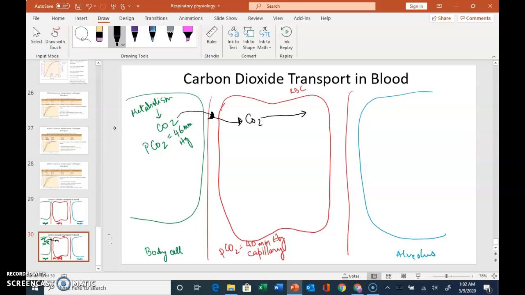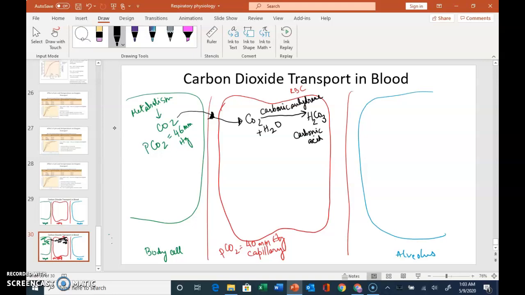Within the RBC, there is an enzyme called carbonic anhydrase. Actually, it helps to combine carbon dioxide with water to form carbonic acid, H2CO3, which is carbonic acid.